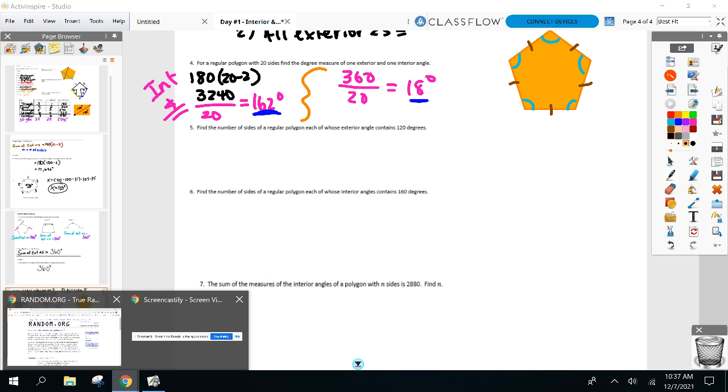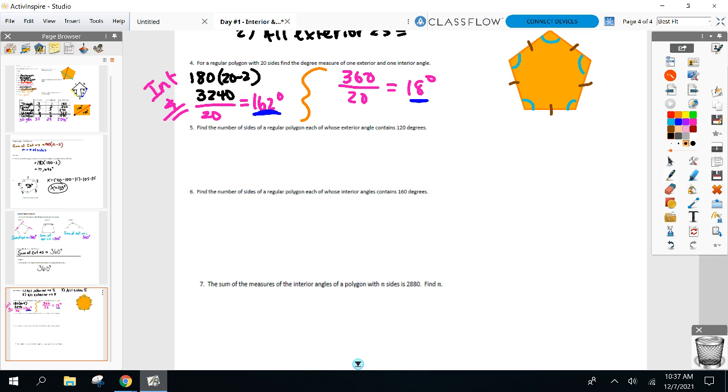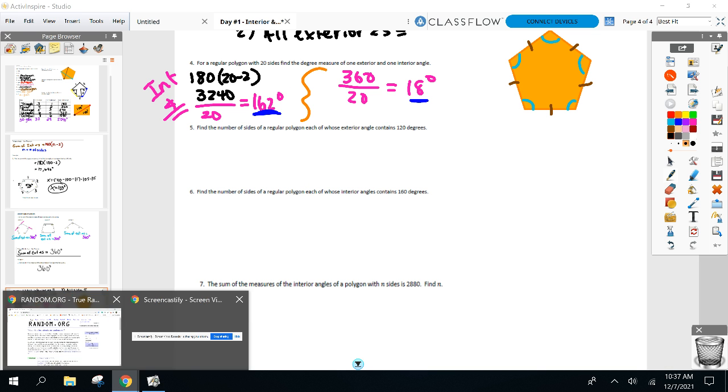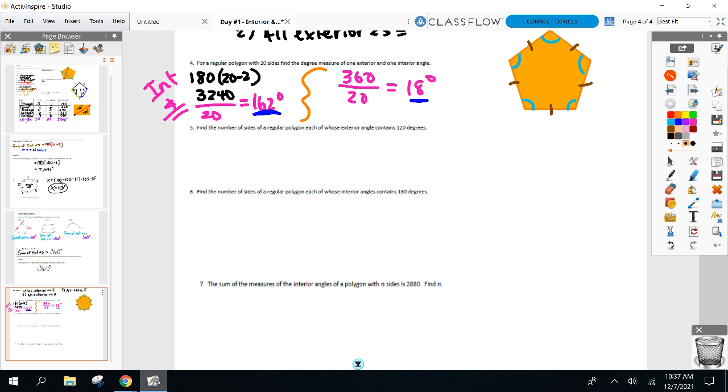All right, let me turn it over to one of you guys. 15. Exterior angle. What do they all add up to?